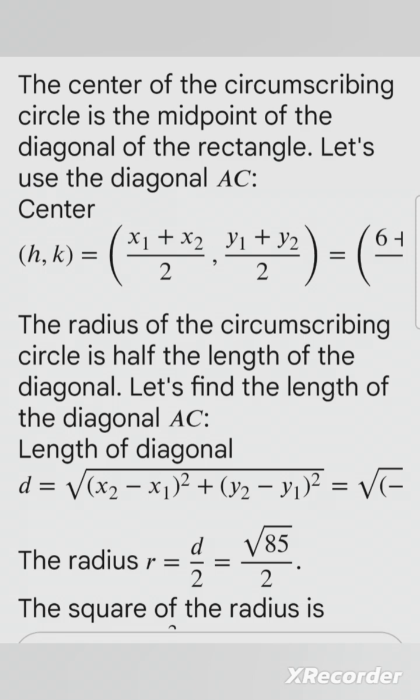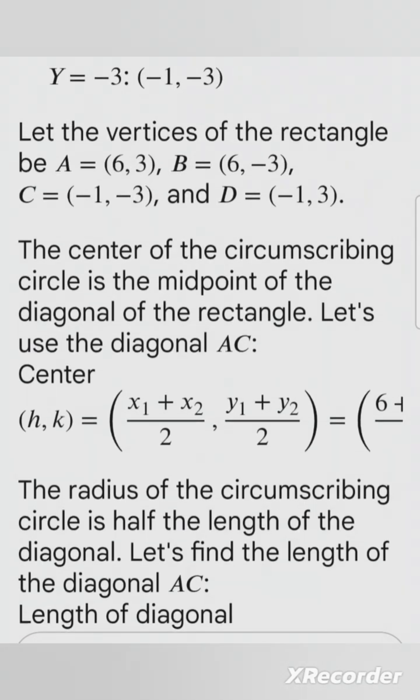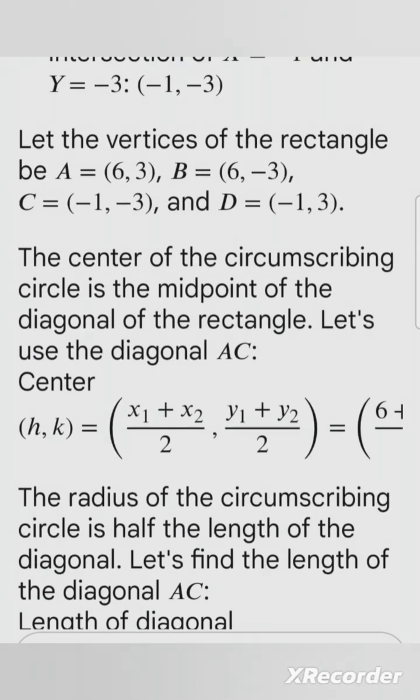Yes, as we have done before, therefore we need to find out the center, which is the midpoint of joining AC, because what we have seen, the coordinates of A is (6, 3) and the coordinates of C are (-1, -3).